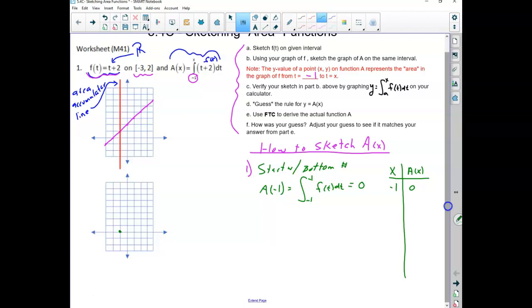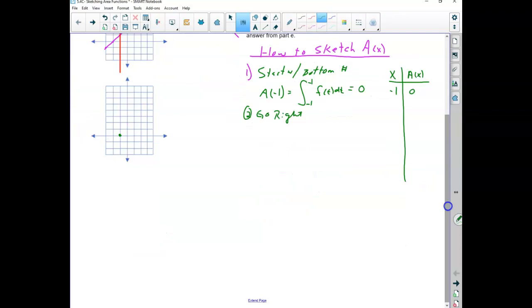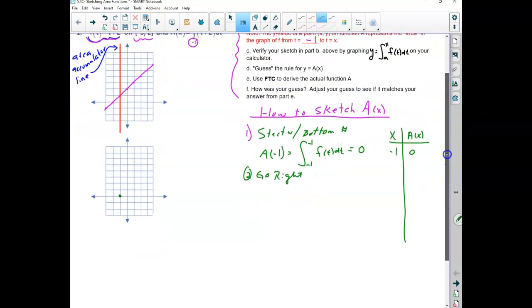So the next thing, now I'm going to go to the right. I'm going to pick points, except I'm going to be sensible about this. I'm going to pick integer values. So if I just used -1, I might as well find out what A of 0 is. Well, A of 0 is going to be the integral from -1 to 0 of f of t dt.